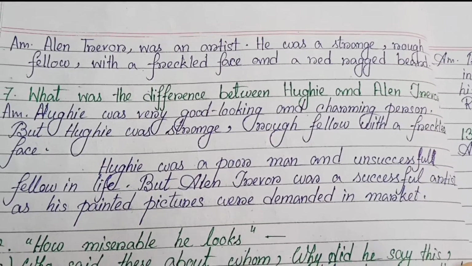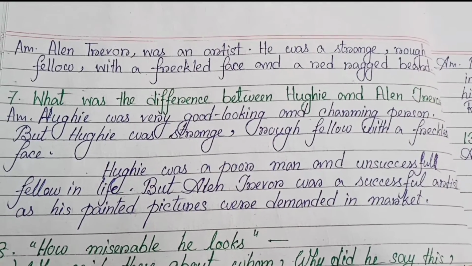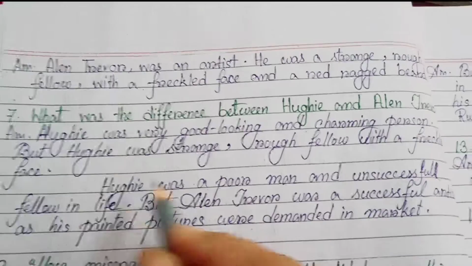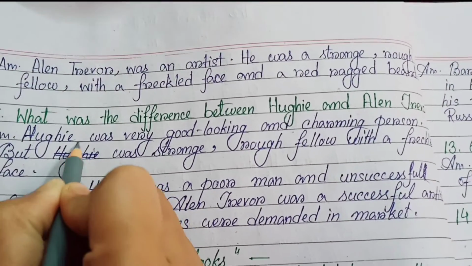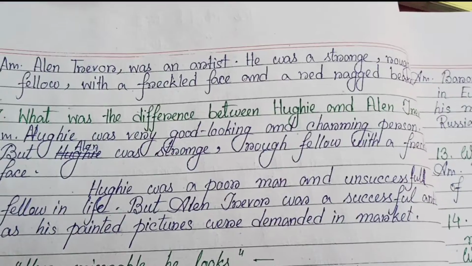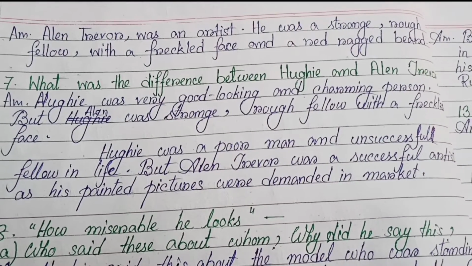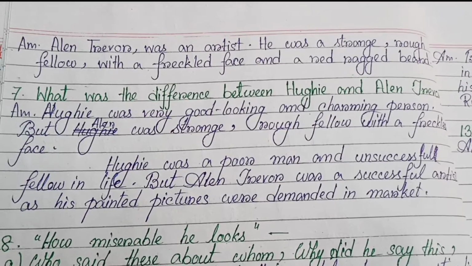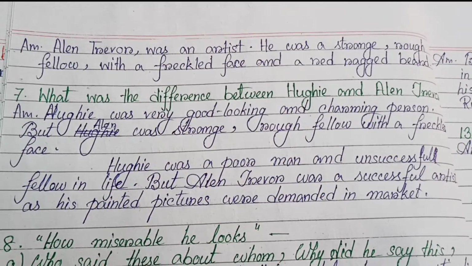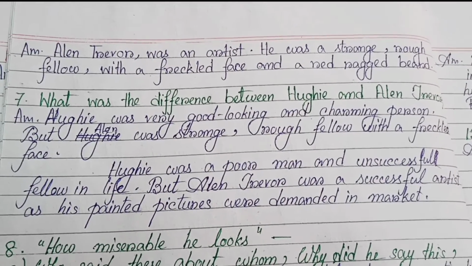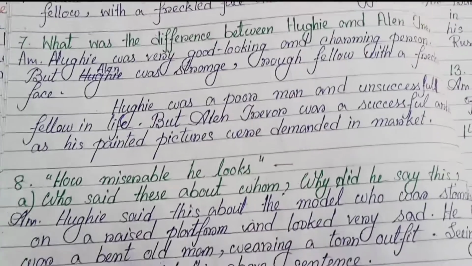Hughie was a very good looking and charming person, but Alan was a strange, rough fellow with a freckled face. Hughie was a poor man and unsuccessful in life, but Alan Trevor was a successful artist as his painted pictures were in demand in the market.